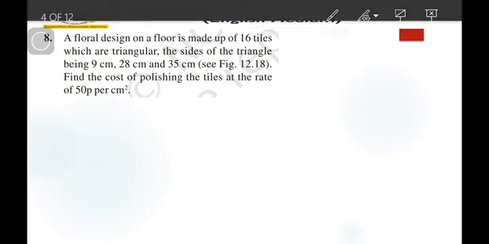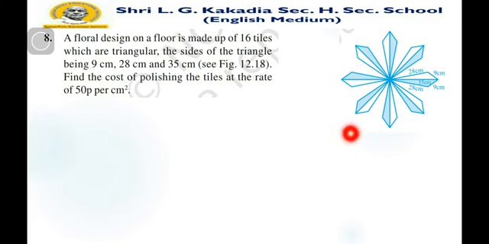One side is 9 centimeter, one side is 28 centimeter, and one side is 35 centimeter. So here you can see that 28, 9 and 35 make one triangle. Find the cost of polishing the tiles at the rate of 50 paisa per centimeter square.